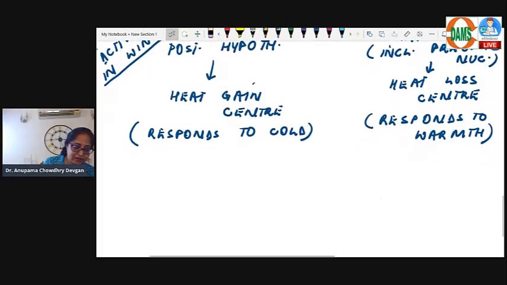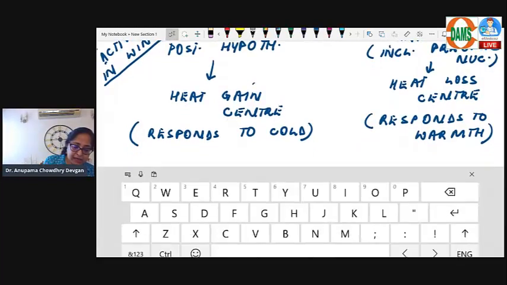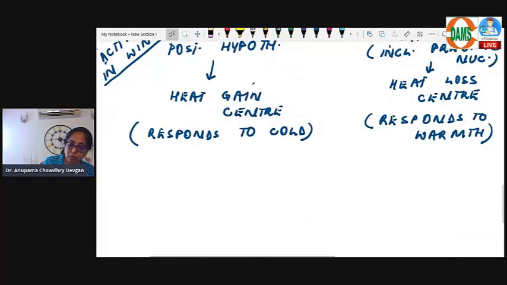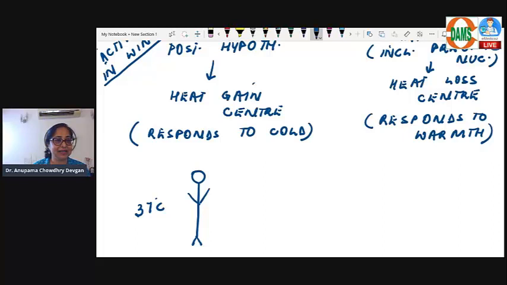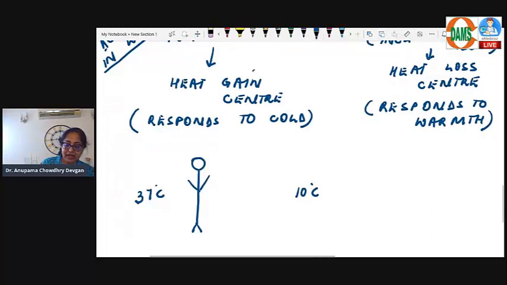See, now what happens in winters is, our core body temperature is 37 degrees Celsius, right? Outside temperature, maybe let's say 10 degrees Celsius. Very cold. Core body temperature, 37 degrees Celsius.